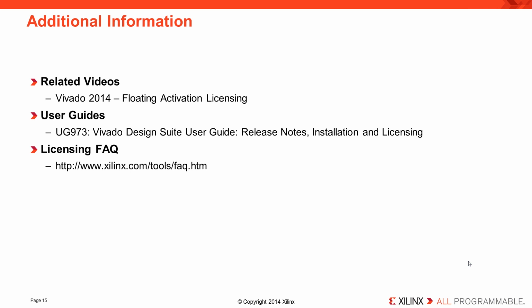For user guides, User Guide 973, the Vivado Design Suite User Guide Release Notes, Installation and Licensing Guide, that has in it a whole chapter on licensing with big sections on activation. And finally, there's a licensing frequently asked questions, or FAQ, and there's the URL for that, and that will take you to a place where there's a number of different questions and answers there, and has been updated for activation as well.